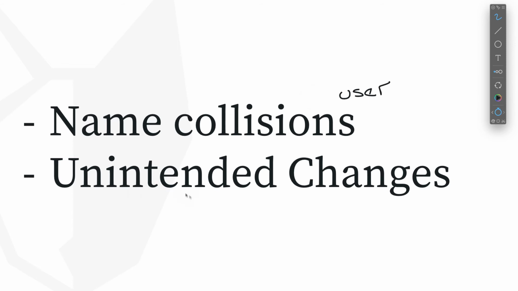And then unintended changes is when you don't know that the name user has been used by someone else, for example, and you change it by mistake, thinking it's your own variable or thinking that it's a new variable that you're making. And you may be thinking, well, how is that going to happen?